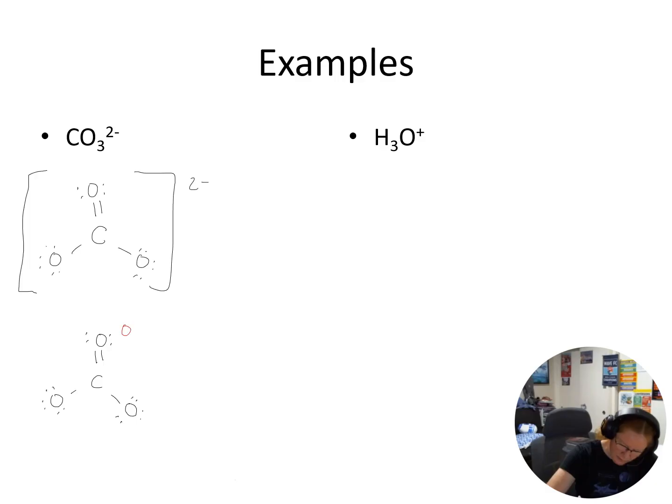Because I'll do a 0, a -1, and a -1. There's my overall -2. Okay, and then my hydronium ion. Okay, I'm not going to bother putting the formal charges on the hydrogens because again, hydrogen will always have a formal charge of 0 because it can't do anything beyond the single bond. And so I'm just going to put the +1 formal charge there on the oxygen.